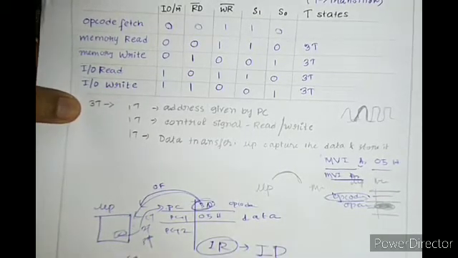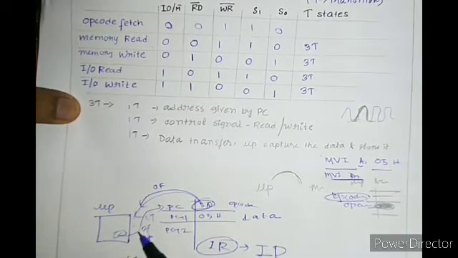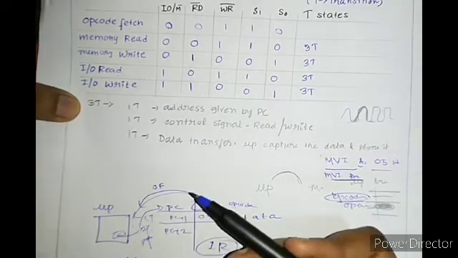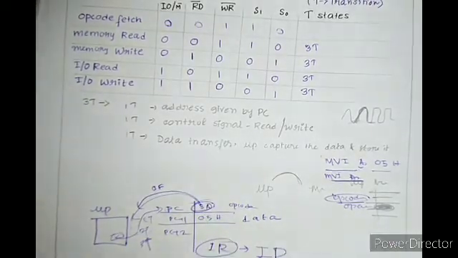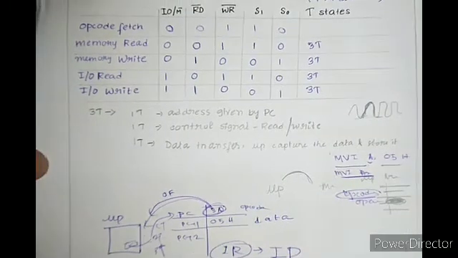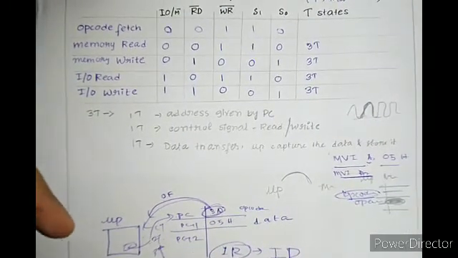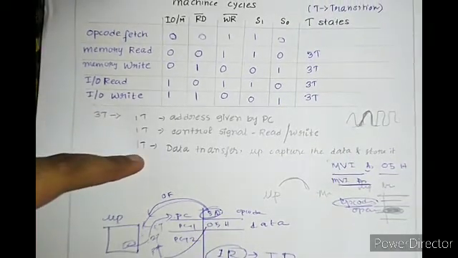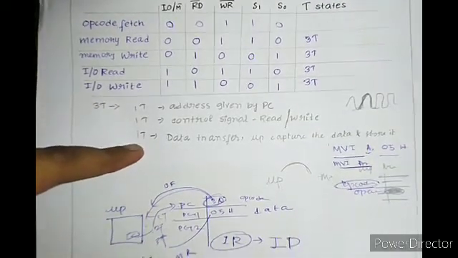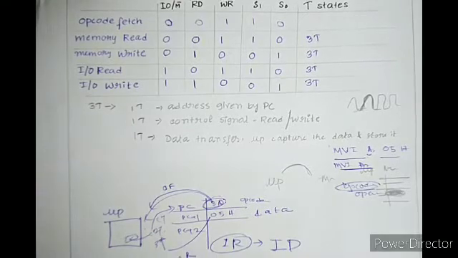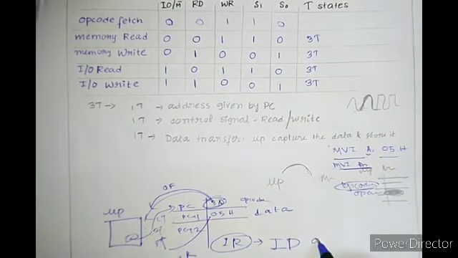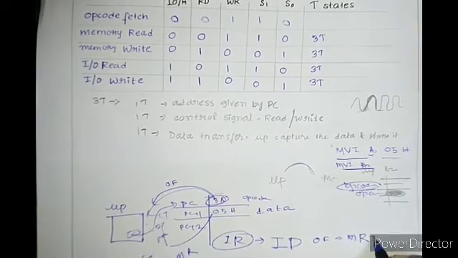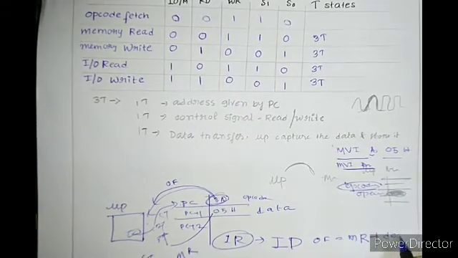For that, 4T states. After the opcode fetch gets executed, then only does the MUP understand what my next operation is, and in this we have to perform a memory read operation. So did you understand what the difference is now? Opcode fetch is the same as memory read with an extra step, that is decoding.